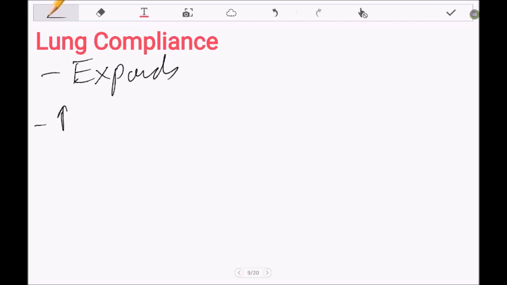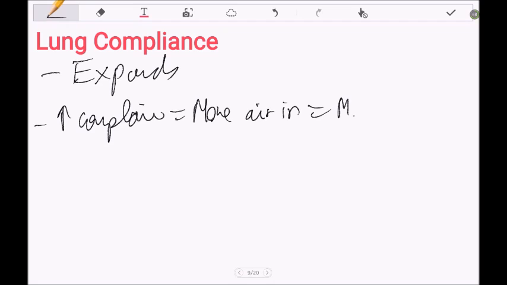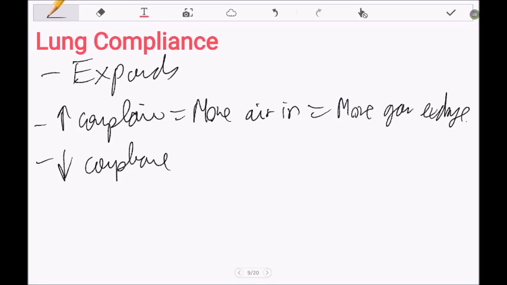So increased compliance equals more air moves in, which equals more gas exchange, right? And the opposite is true. Decreased compliance equals less air in, which equals less gas exchange.